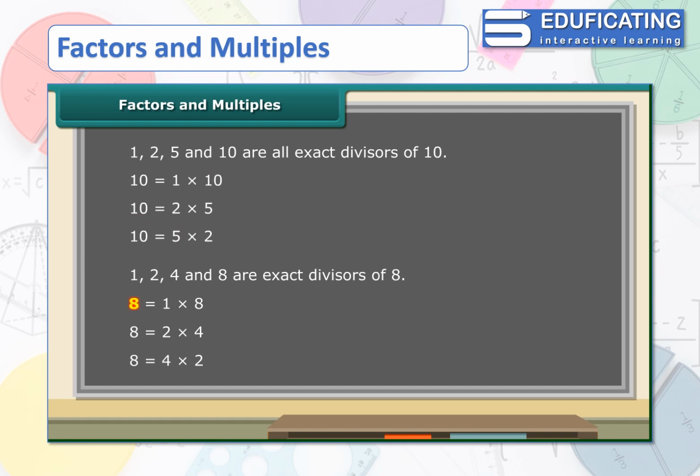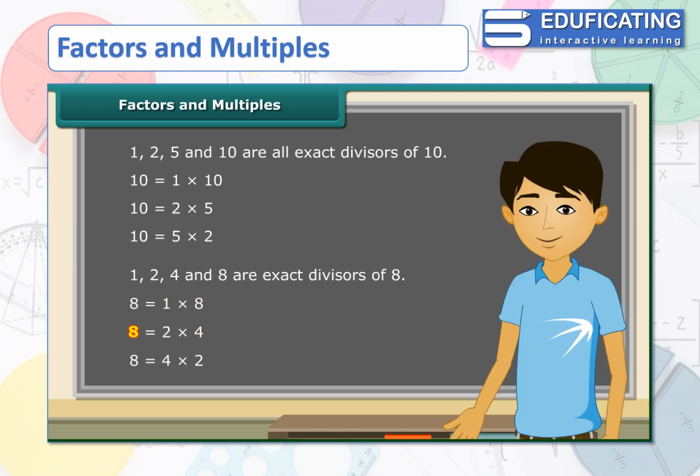Similarly, number 8 is a product of 1 and 8 or 2 and 4. Therefore, 8 is a multiple of 1, 2, 4, and 8. Thus, we can say that a number is a multiple of each of its factors. Multiples are always greater than, or at least equal to the number itself.